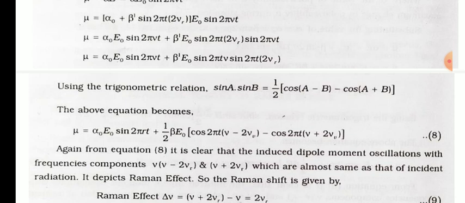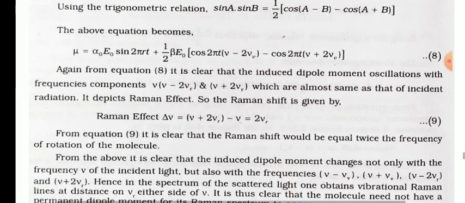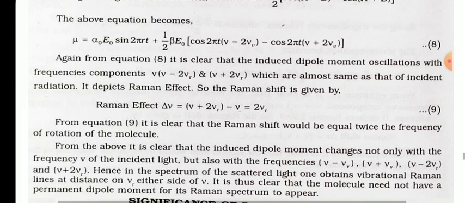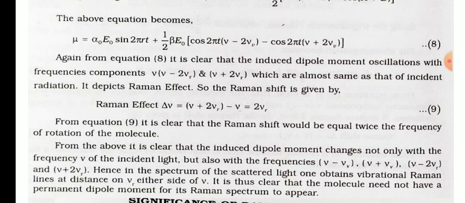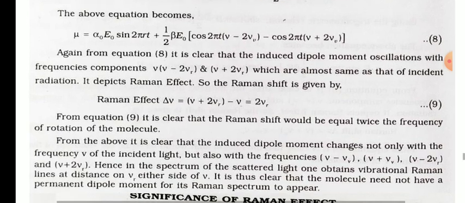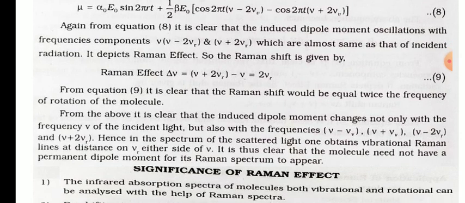Again, from equation number 8, it is clear that the induced dipole moment oscillates with the frequency components nu, which is the Rayleigh line, nu minus 2 nu r, a decrease in frequency and increase in wavelength corresponding to the Stokes line, and nu plus 2 nu r, an increase in frequency and decrease in wavelength corresponding to the anti-Stokes line, which are almost the same as that of the incident radiation.